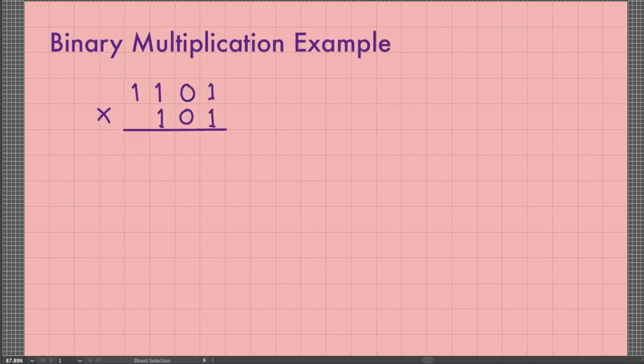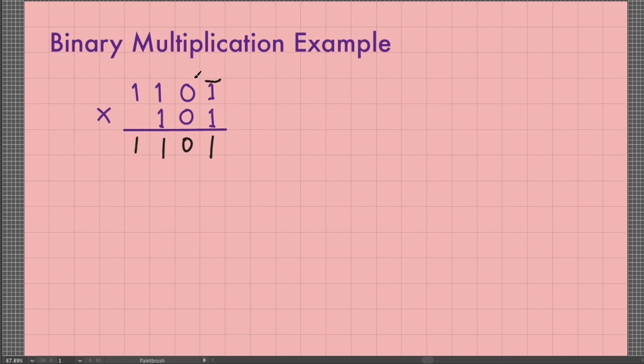As an example, let's multiply the binary number 1101 with the binary number 101. Let's focus on this first bit in this multiplier. So when you multiply with 1, obviously, you just have to rewrite everything. For example, 1 times 1, this is 1. 1 times 0, 0. 1 times 1, 1. 1 times 1, 1.